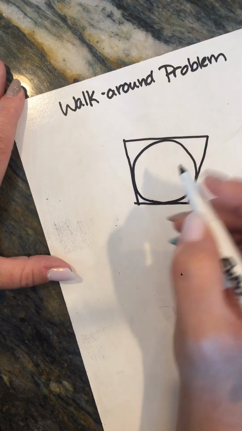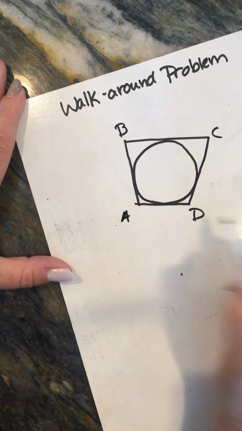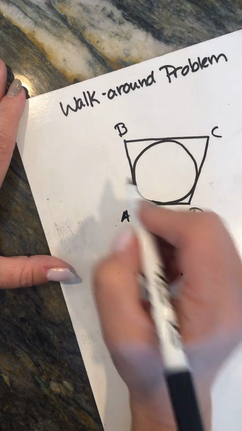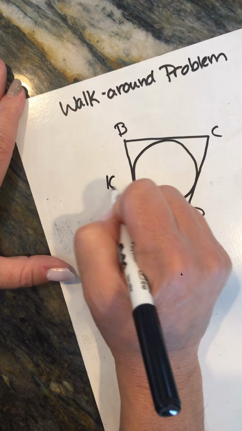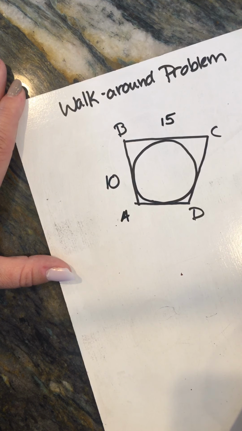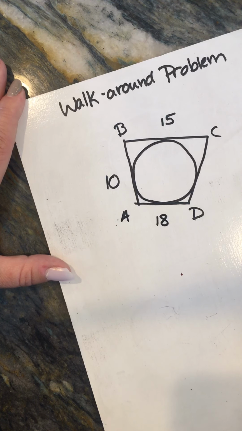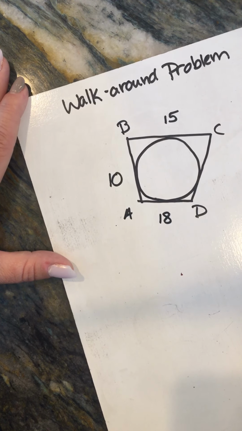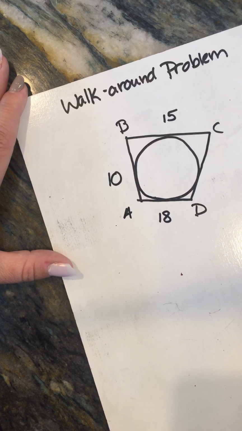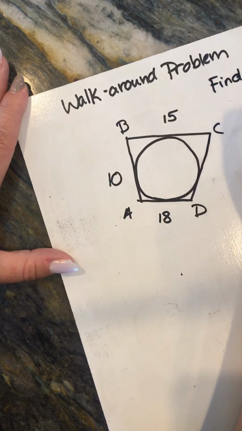We'll call it A, B, C, and D. Let's say you're given that AB is 10, BC is 15, and AD is 18, because I draw to scale every time. Your job is going to be to find CD.